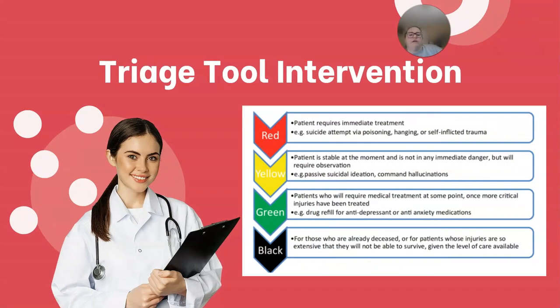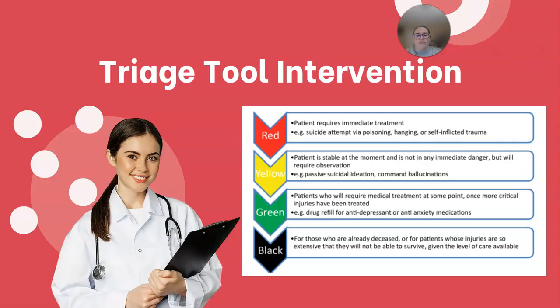The triage tool intervention works like this: when a patient is triaged, they are considered red, yellow, green, or black. Black is deceased. Red is the patient requires immediate treatment, such as they've attempted suicide via poisoning, or they are the most critical, and so they need attention first.